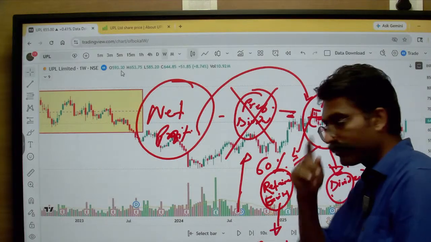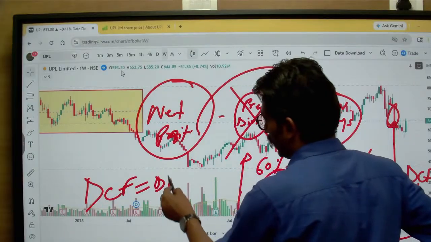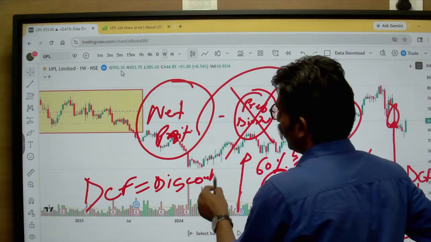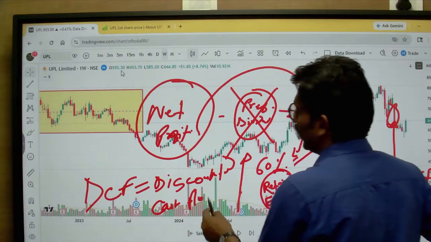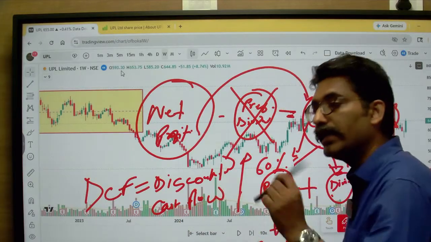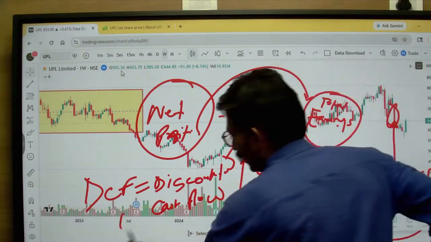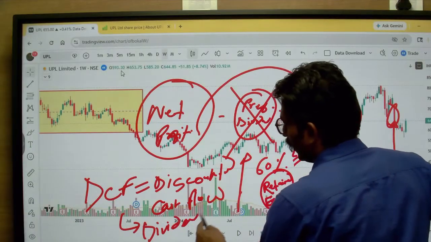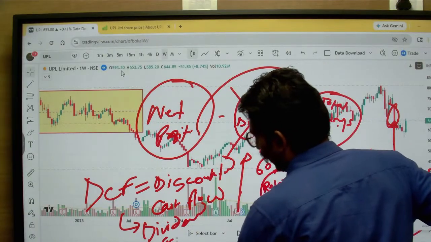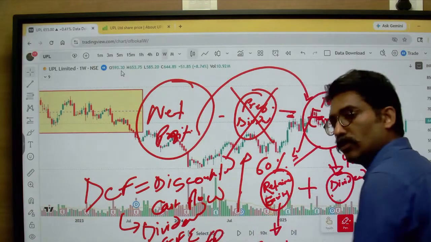Do you agree? The DCF means what? Discounted cash flow models. The question is, what are you discounting? Any type of cash flow in the company you're discounting. It could be dividend, it could be FCFE, free cash flow to the equity, it could be FCFF.